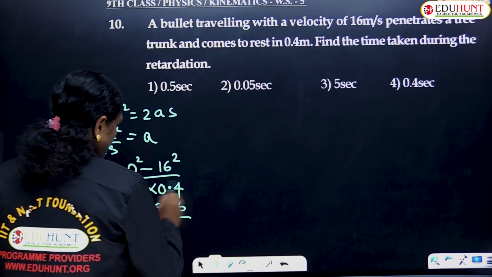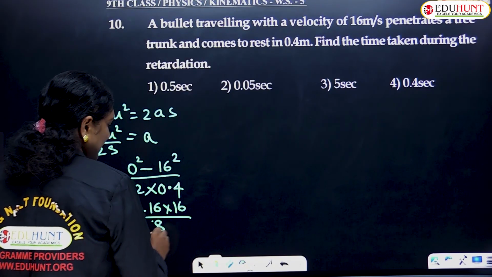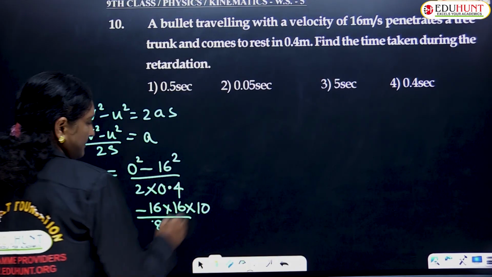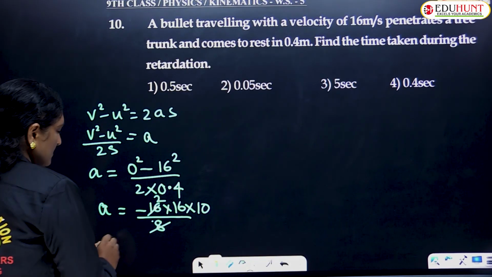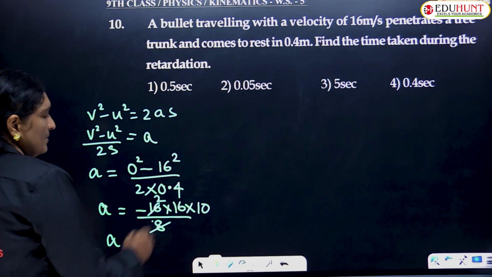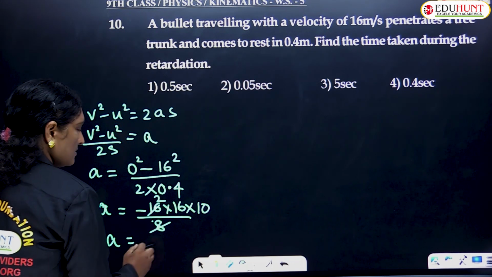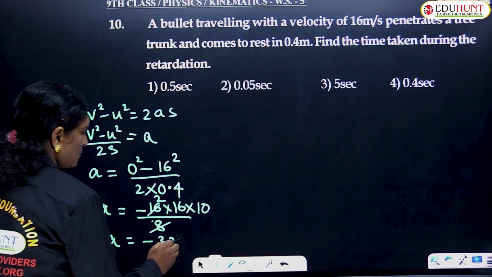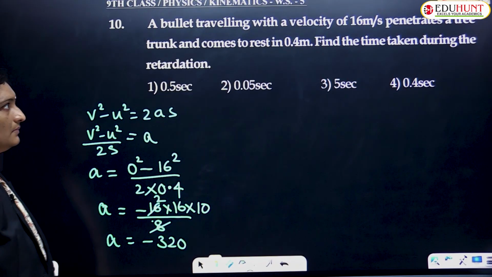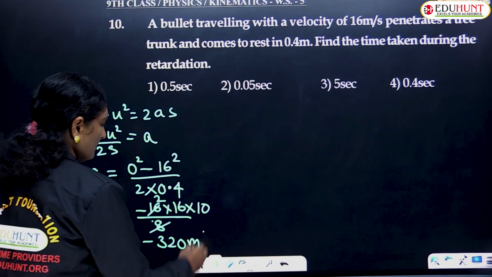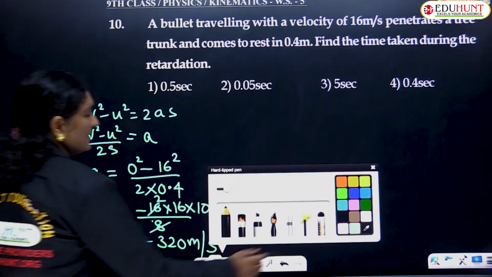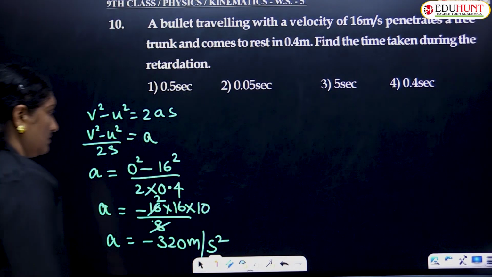So this is 8 by 10, and that 10 I carried here. 8 goes 2 times, hence the value of A is found to be 16 2s are 32, 32 into 10 is 320. So minus 320. The value of acceleration is found to be minus 320 meter per second square.